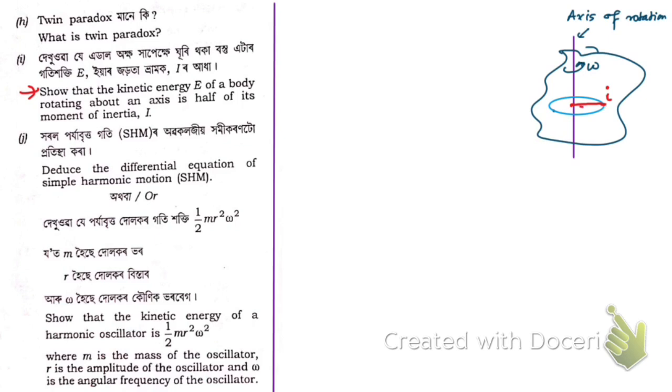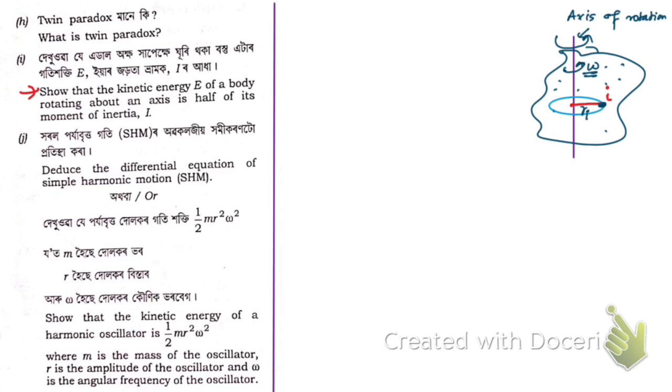Let me take this radius as Ri. If this body is moving about this axis with angular velocity omega, then this ith particle must be moving in a circular path. Not only this particle, all the particles of this body.